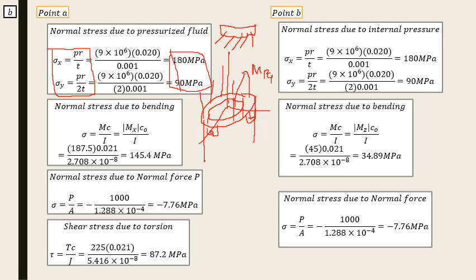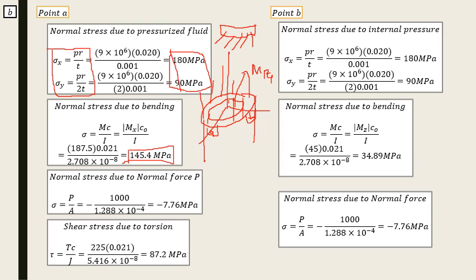Then go to the normal stress due to bending. Sigma equals Mc over I. The axis is the Mx, so Mx c over I equals this, with 187.5 put into the equation, and we get this.